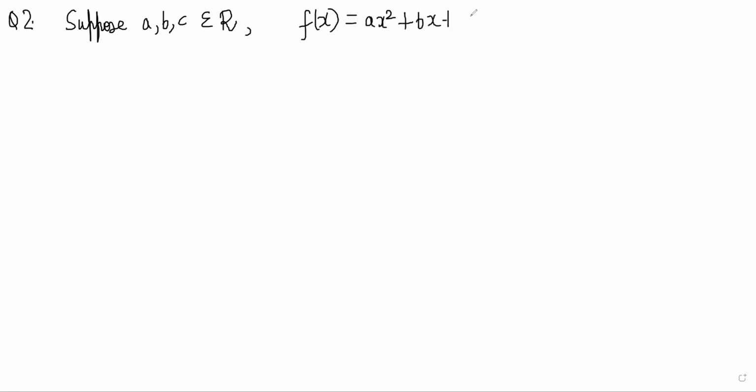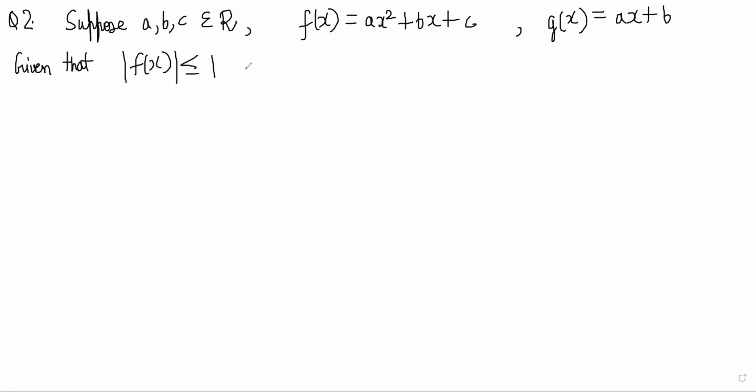Question 2. So it says, suppose a, b, c belongs to real numbers and f of x is equal to ax square plus bx plus c, g of x is equal to ax plus b, and it is given that mod of f of x is less than equal to 1 when x belongs to minus 1 to 1.